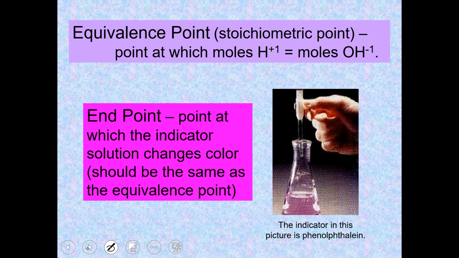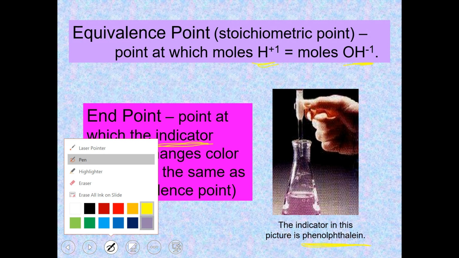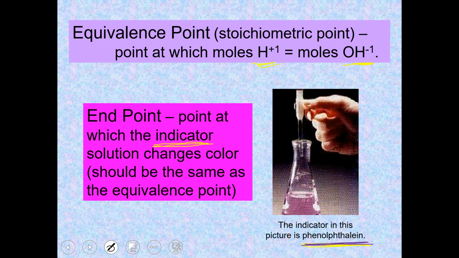The point at which the hydrogen and the hydroxide counterbalance one another to neutralize is called the equivalence point. What you do is pick some sort of indicator that will change color as close to the equivalence point as you can. We're using phenolphthalein in our lab. I know that's a tough one to spell and say, but phenolphthalein is clear in the presence of acid.